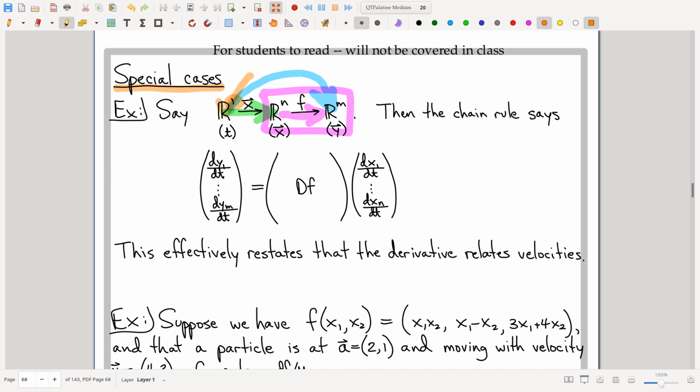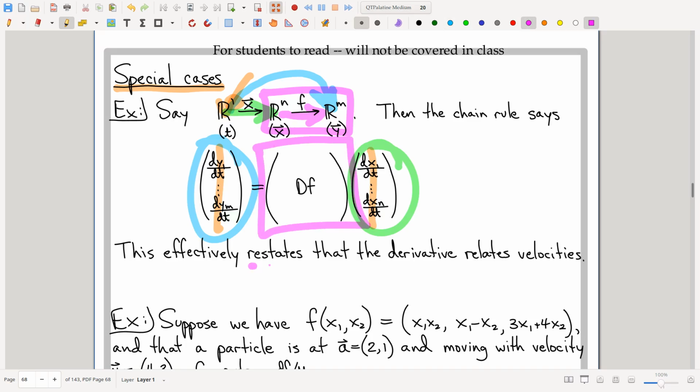That means their derivative matrices have a single column. If you think about it, that means this is an input velocity, and this is an output velocity. And as we already knew it should, this just restates the fact that derivatives are relationships between input velocities and output velocities.